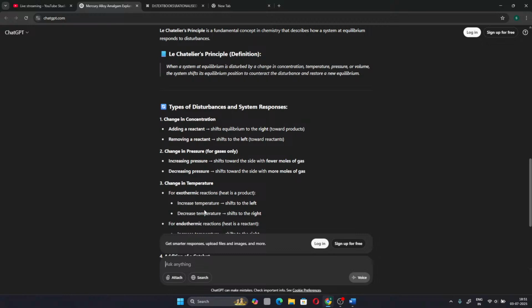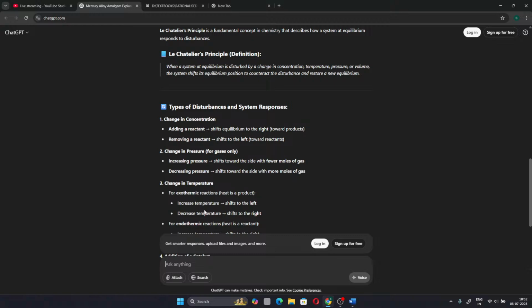Basically, this is like the law of inertia, where a particle in motion or at rest will continue to stay like that. It is not exactly similar, but I can relate it to Newton's law of inertia, where here as well, when we disturb the system's equilibrium, it will still try to retain its equilibrium by changing the reaction side, forward or backward.